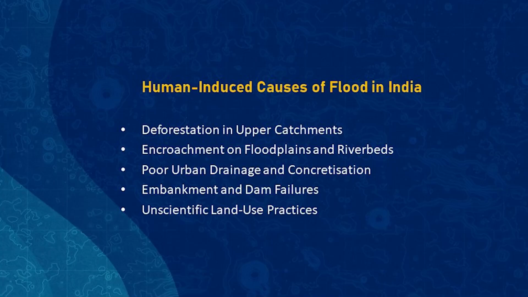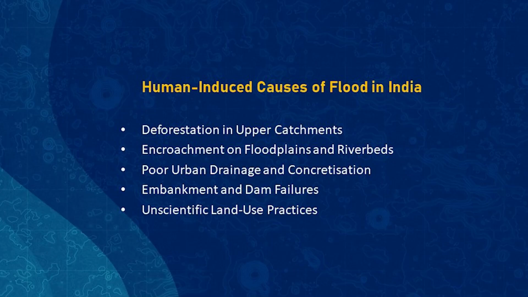Deforestation in upper catchments. Large-scale deforestation in the Himalayan and northeast catchments reduces the soil's ability to absorb rainwater, that is infiltration. This increased surface runoff accelerates soil erosion and raises flood peaks downstream. Encroachment on floodplains and riverbeds.